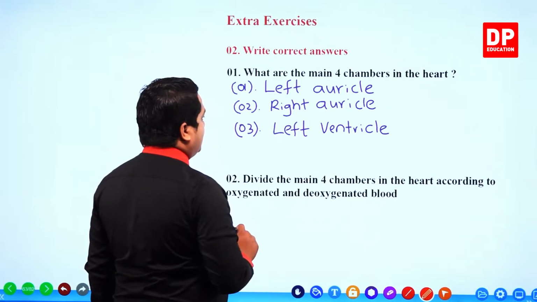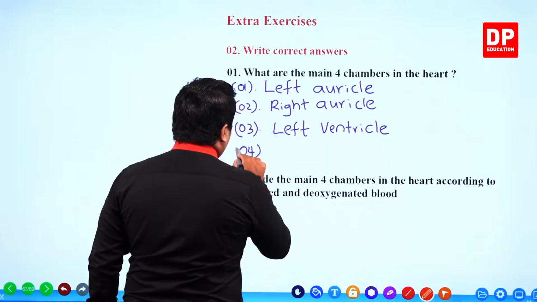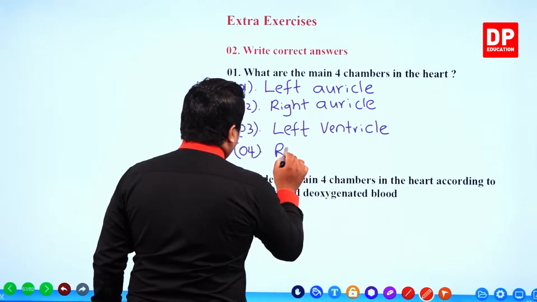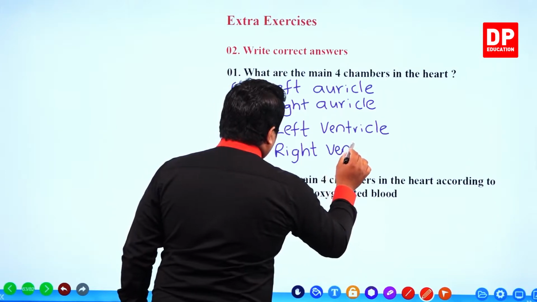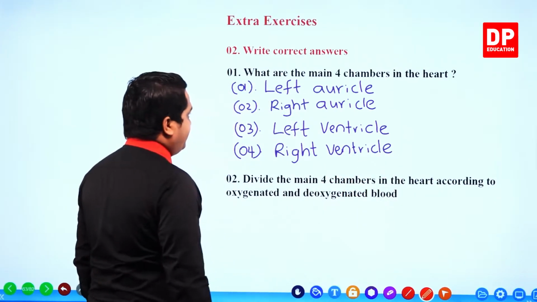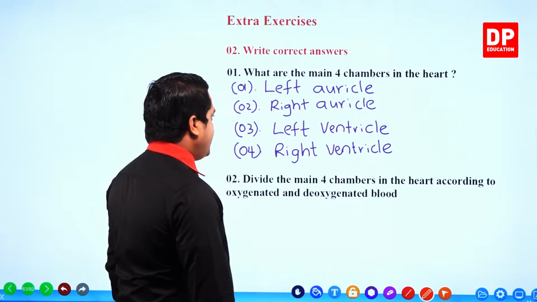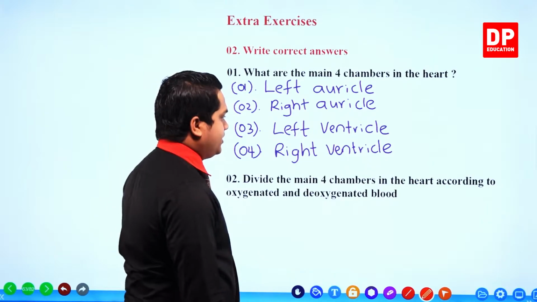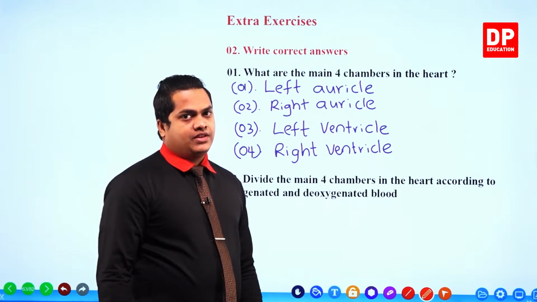Number 3, left ventricle. Number 4, right ventricle. So left auricle, right auricle, left ventricle, right ventricle. These are the 4 main parts that we can observe within the heart.